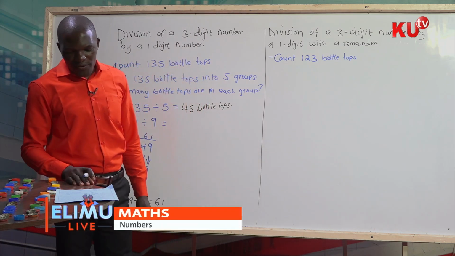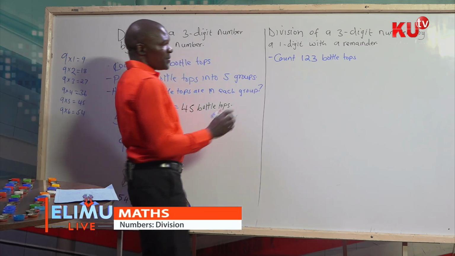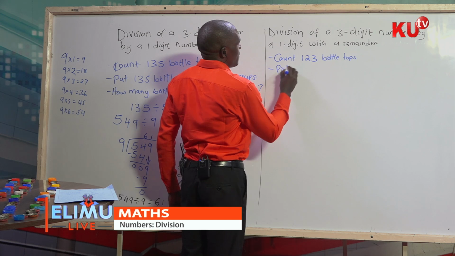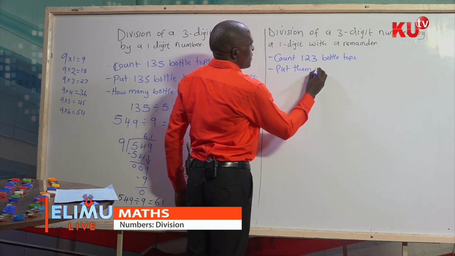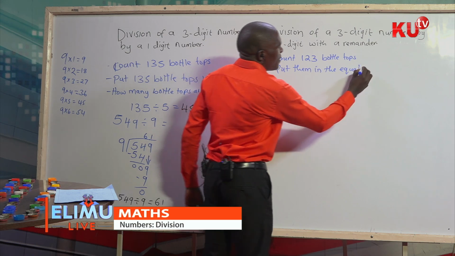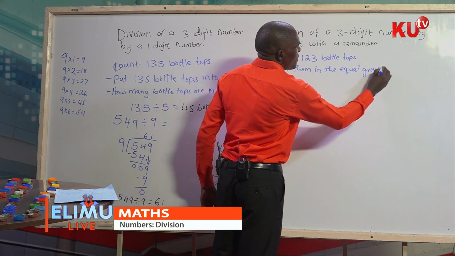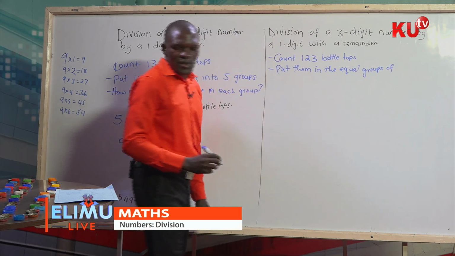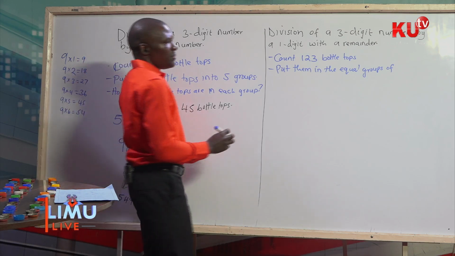Then, if you have them, put them in equal groups. Put them in equal groups of 6 bottle tops.